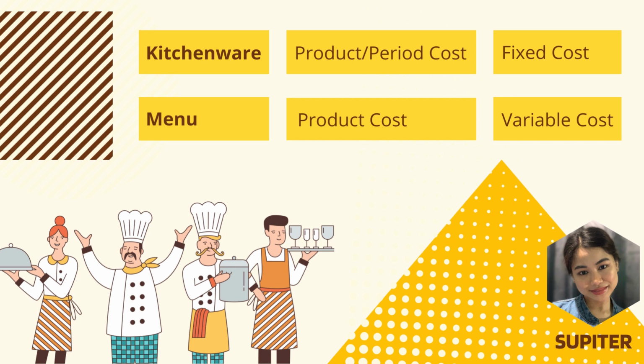statement as an expense. The materials for preparing and cooking our restaurant's dishes include eggs, spices, herbs, condiments, meat, fruits, vegetables, and the like.